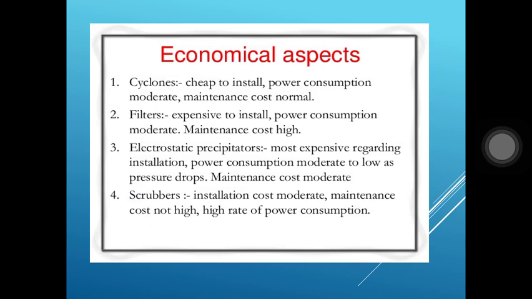Electrostatic precipitators: most expensive regarding installation, power consumption moderate to low as pressure drops, and maintenance cost is moderate. Scrubbers: installation cost is moderate, maintenance cost not high, high rate of power consumption. So depending upon the economical aspects, the equipments can be chosen as per the applications. Thank you.